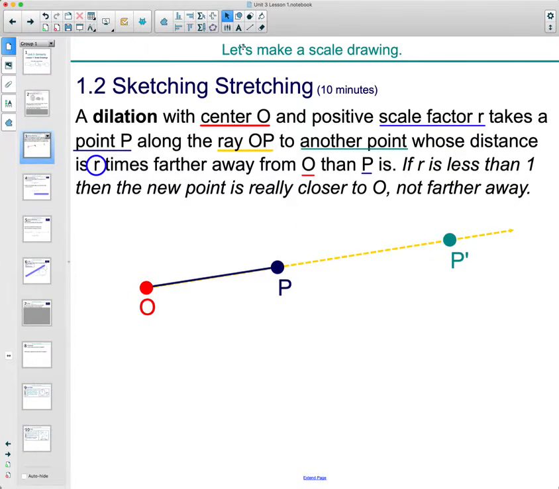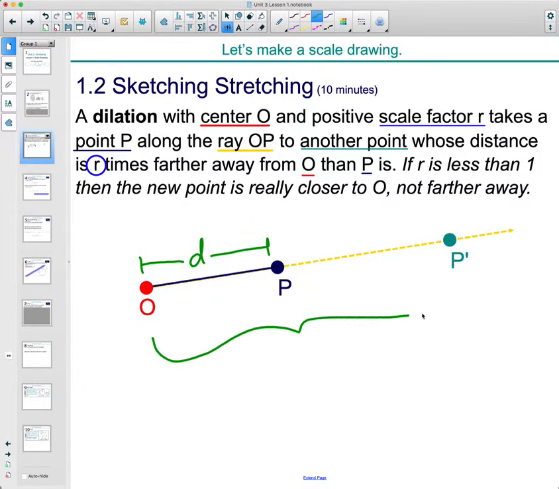So you have this original distance. So you have how far it is from O to P, and I'm just going to call it D for distance. So this is how far our original point is from the center of dilation. Then we're going to figure out where our image goes by taking the original distance and multiplying it by the scale factor, whatever this given scale factor was.